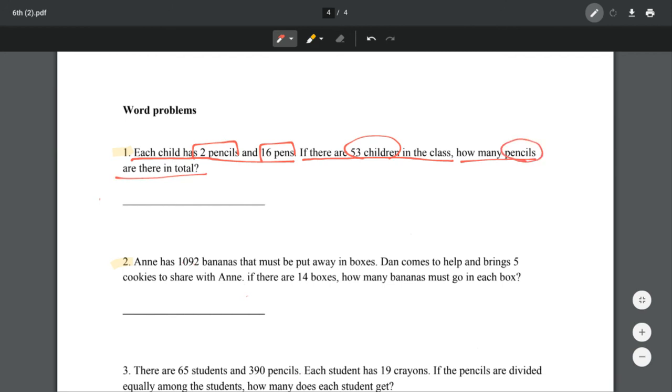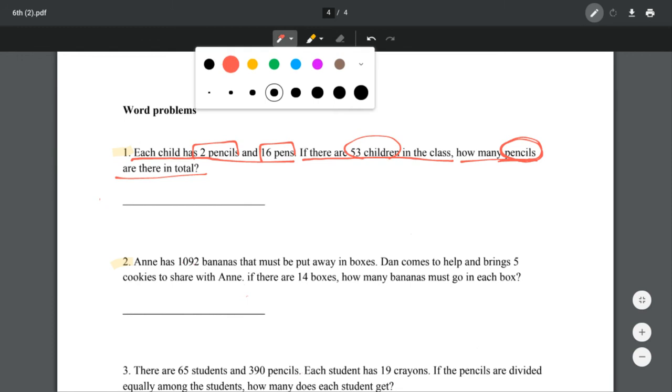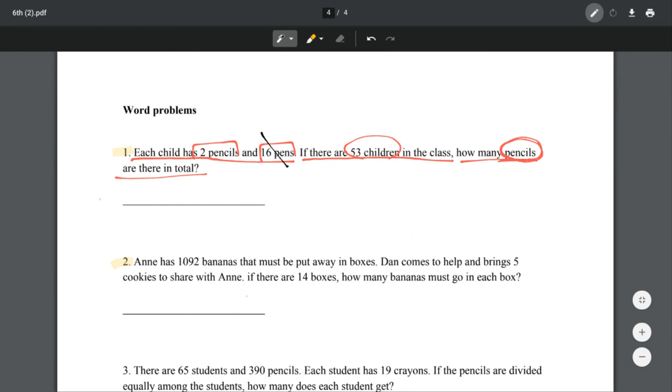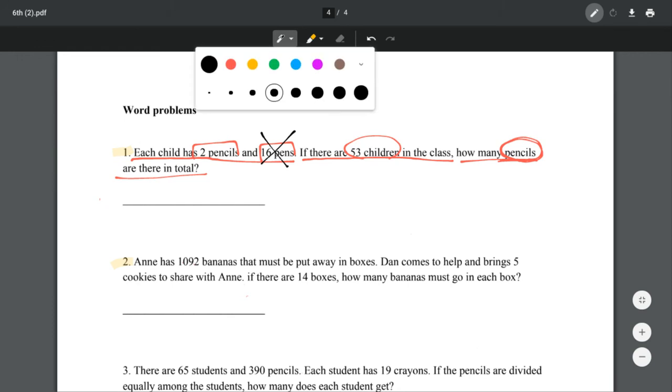They only want to know how many pencils, not pens. So we're going to get rid of the information that there are 16 pens, because it's unnecessary. It's excessive information, and we don't need it.